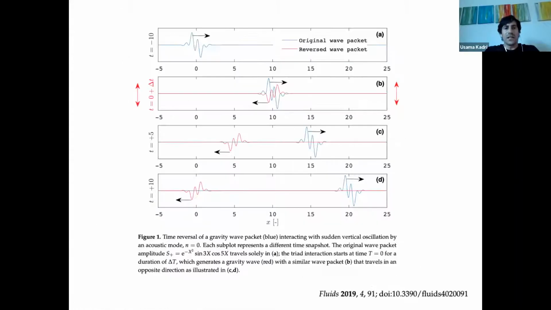So if you send a wave from left to right here, it's just a wave function that I put here. So at some point, at some time, you just make it interact with the acoustic wave. It generates exactly a similar gravity wave, a second one, which is in red here. The amplitude depends how much energy you put in the acoustic wave, but it's opposite in the amplitude, and opposite in the direction.